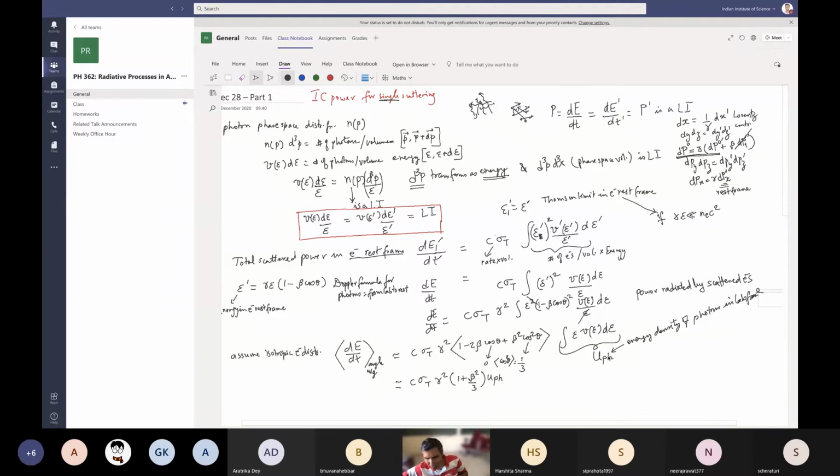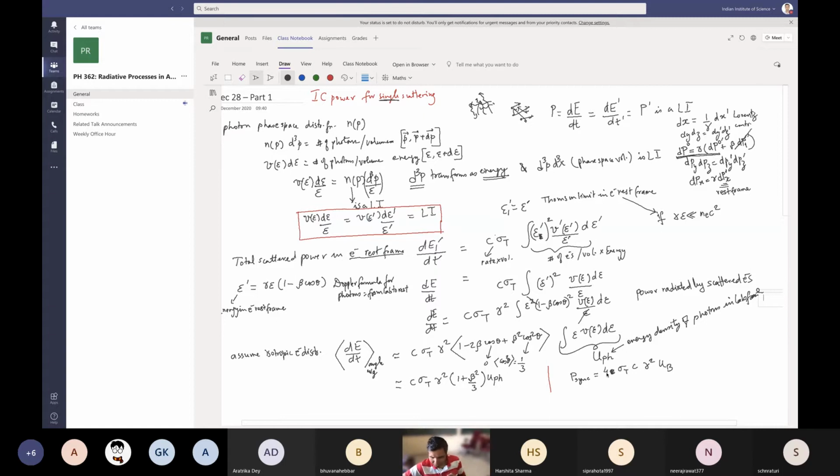So if you recall, there is a very close parallel between synchrotron and inverse Compton. Our synchrotron power due to a single electron was 4/3 sigma_T c gamma squared U_B.